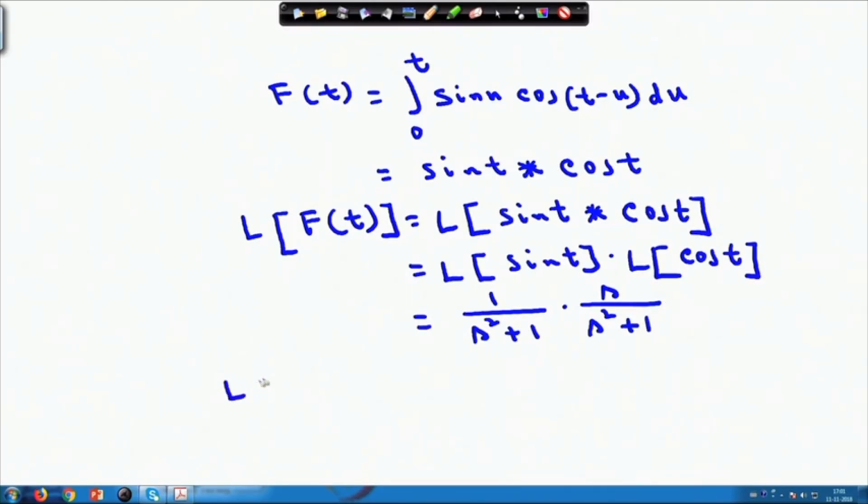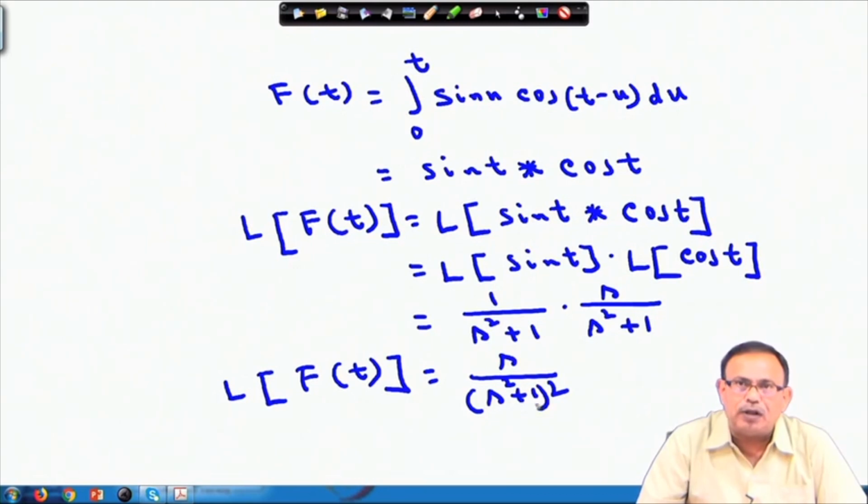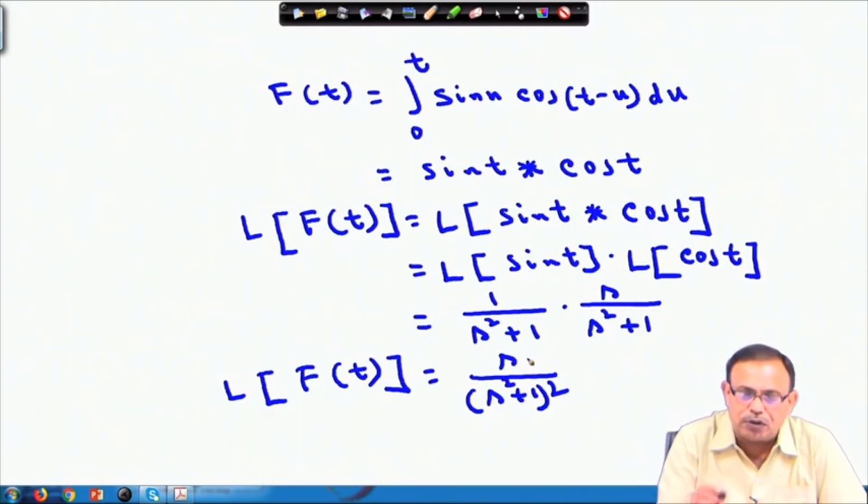So, you can write the Laplace transform of f(t) equals s by (s square plus 1) whole square. Once I get the Laplace transform of f(t) as a function of s, I can find the value of f(t) using the inverse Laplace transform, that is, f(t) equals Laplace inverse of s by (s square plus 1) whole square.